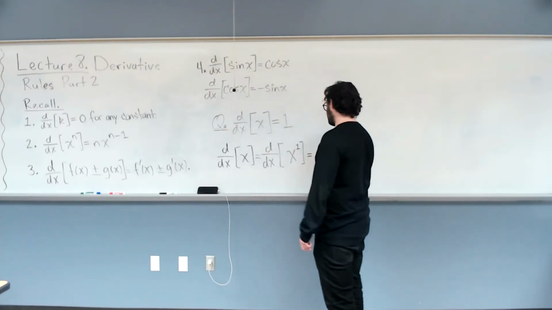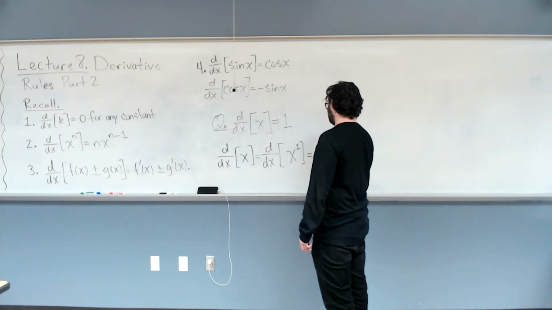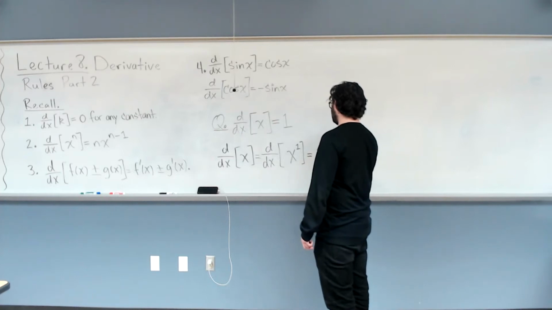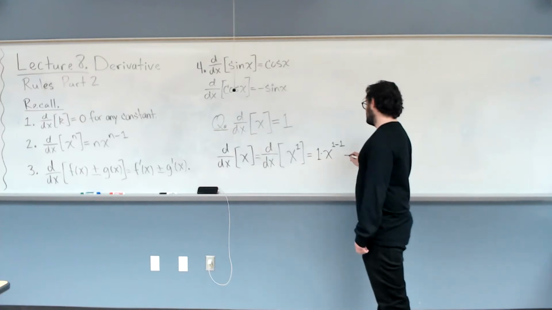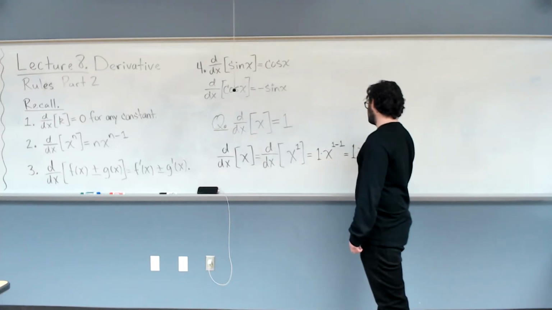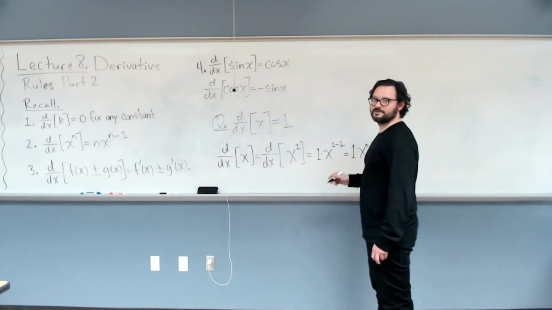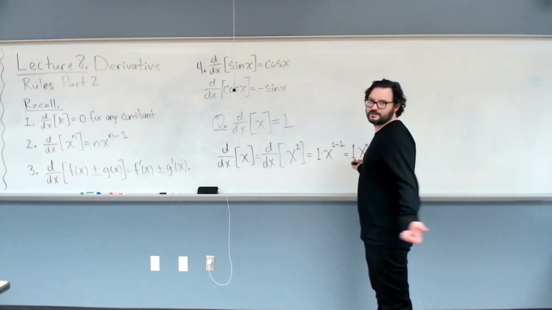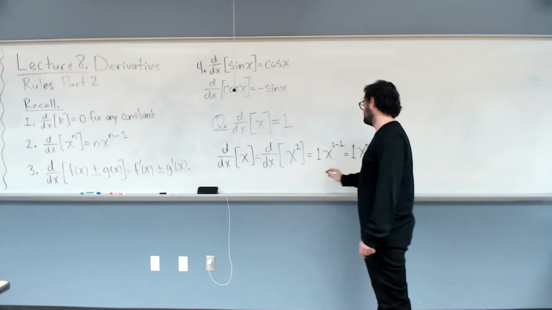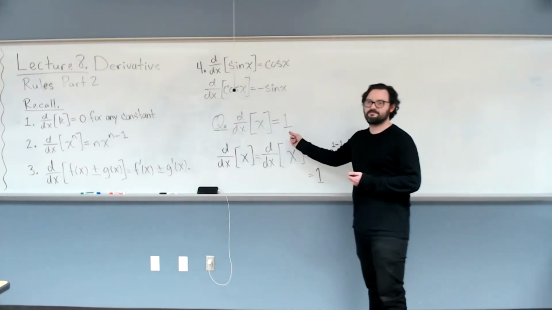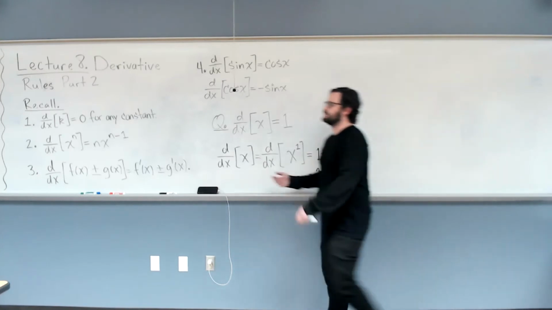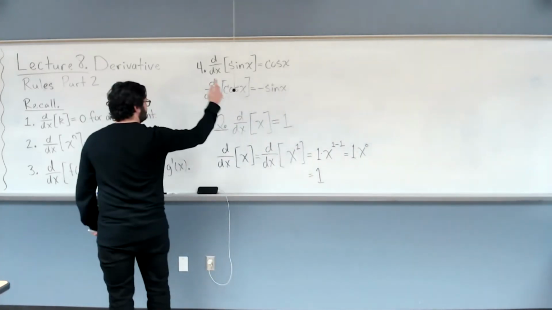So it'd be 1 times x to the power 1 minus 1, right? And what does this become? 1 times x to the power of 0. What's any number raised to the power of 0? 1. So it's just 1. So this is like a generalization of that thing.